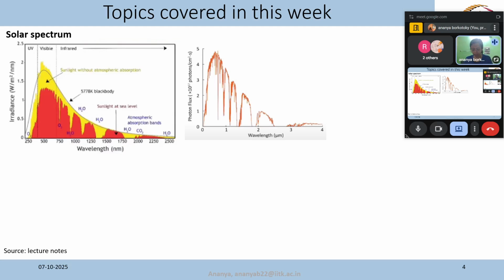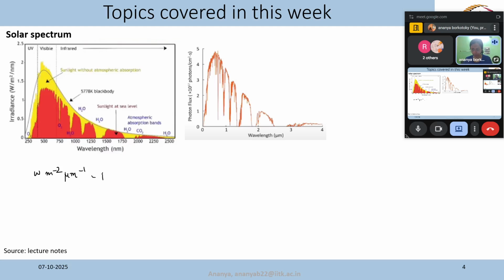So basically, irradiance has unit watt per meter square per micrometer inverse. We can take nanometer, micrometer, whatever. So this can be converted.